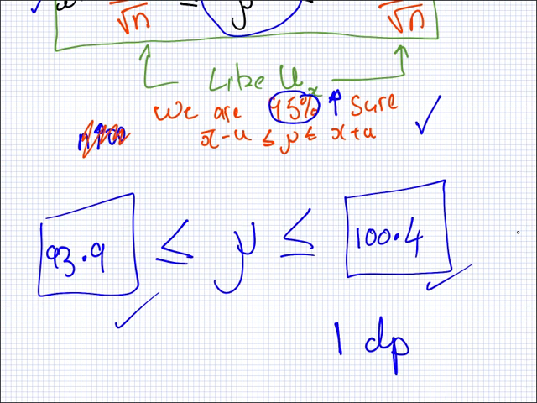Usually in the exam it's 3 significant figures. So you go 1, 2, 3, and then 1, 2, 3, and then you wouldn't write this. You learned this in physics. In the maths, no, they don't care about that.